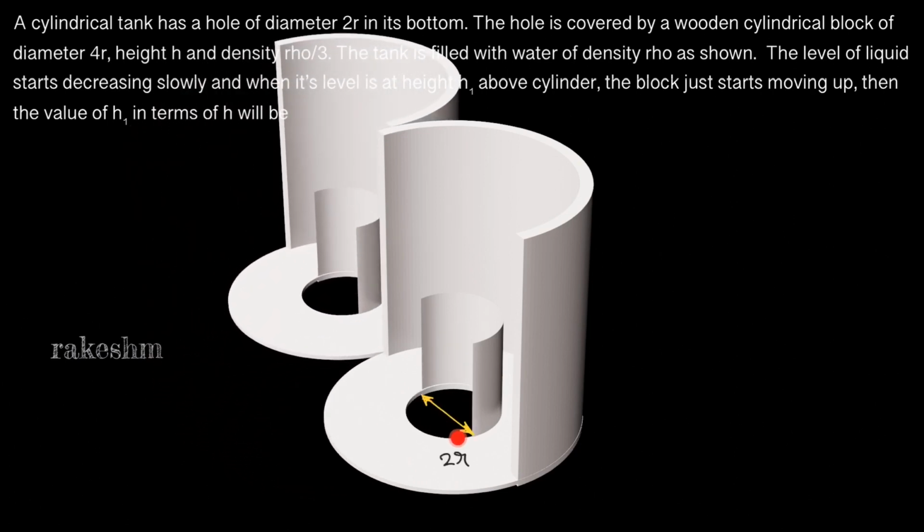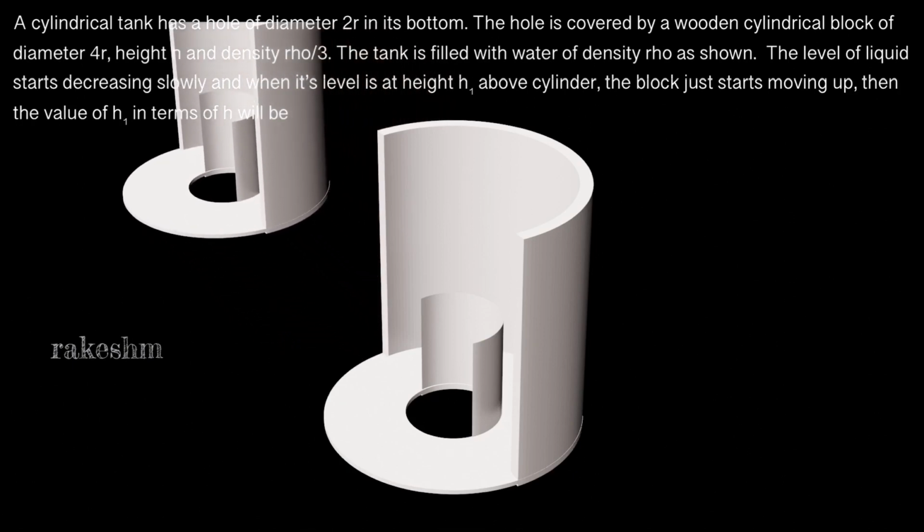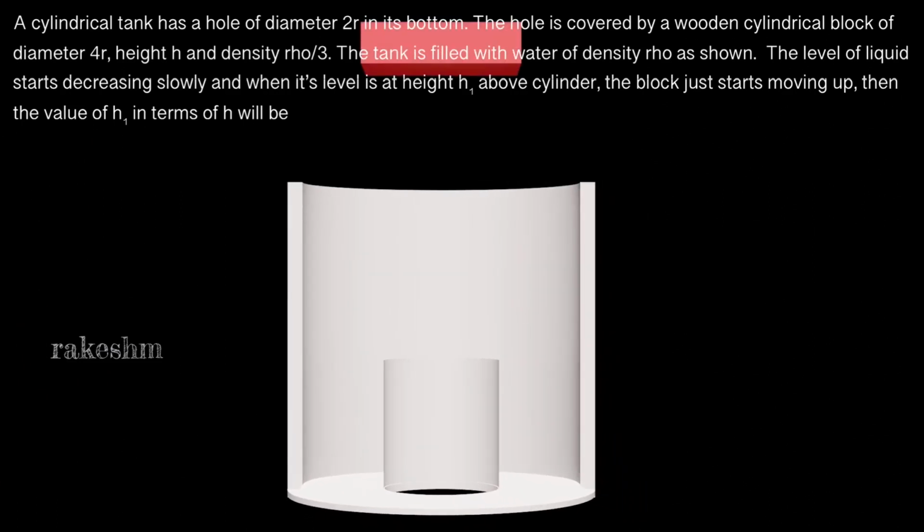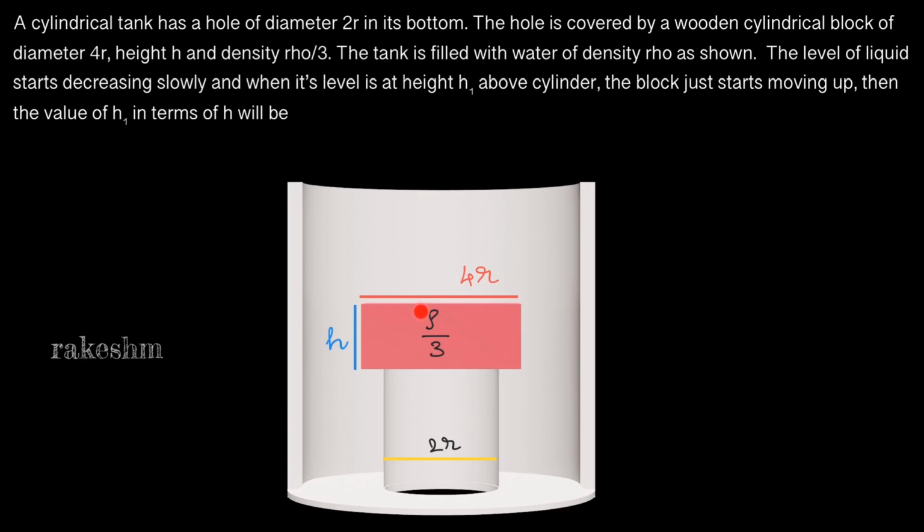The hole is covered by a wooden cylindrical block of diameter 4r, height h and density rho by 3. So this wooden block here is of density rho by 3, diameter 4r and height h.